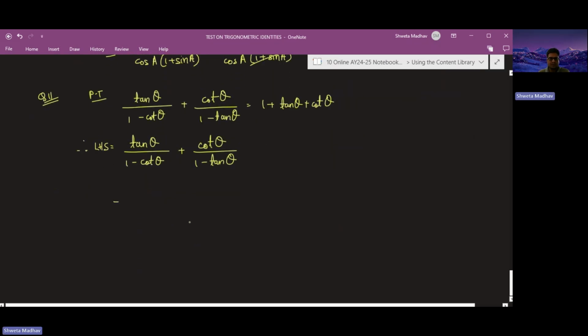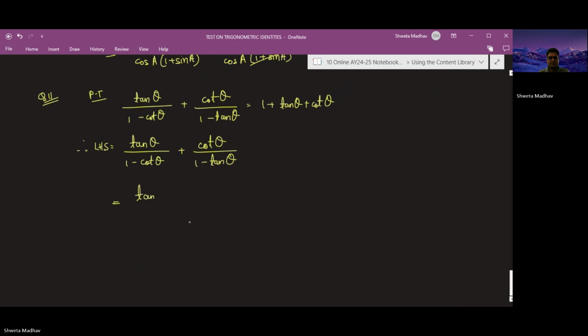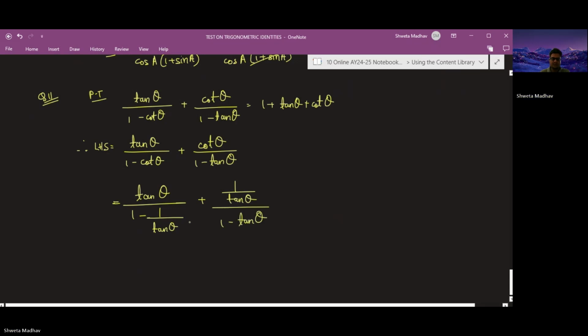Now this will be equal to tan theta by 1 minus cot theta, which is 1 by tan theta, plus cot theta, which is 1 by tan theta, divided by 1 minus tan theta. If we take the LCM here, we have tan theta by tan theta minus 1 by tan theta.